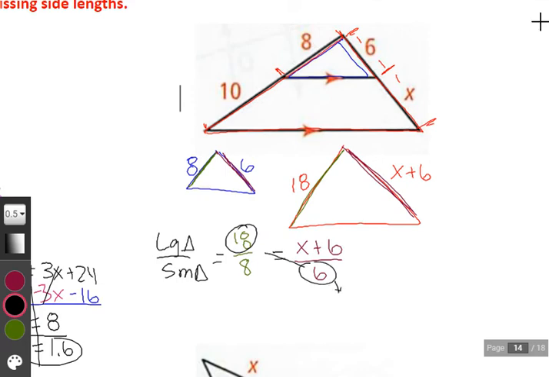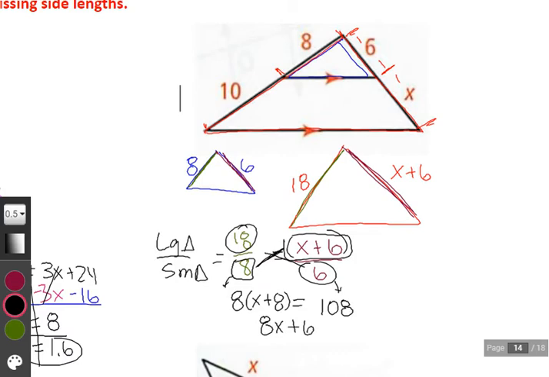on purpose. So we have 18 times 6 is going to be 108. Okay, and that's going to be 8 times the quantity x plus 6 crossing the other way. All right, so that'll give us 8x plus 64. Remember, because we have to distribute the 8 to both parts, is equal to 108.